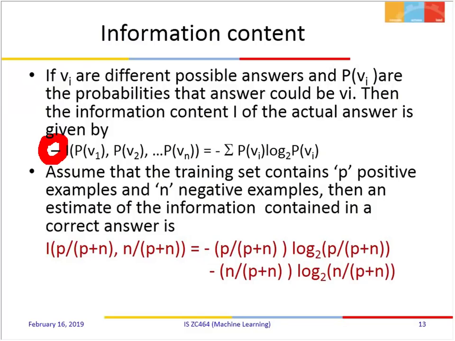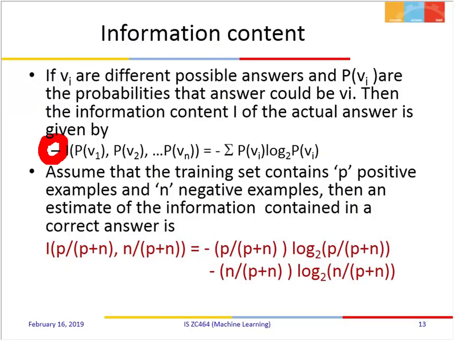Yeah, then Mridula has asked about conditional probability. PVI does not have anything to do with conditional probability. It is a simple prior probability, and we do not have any kind of Bayes theorem involved in this. This is a discussion in the domain of information theory, not in the domain of probability, right?